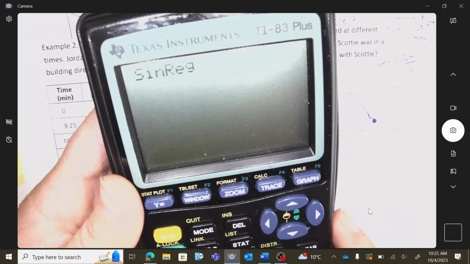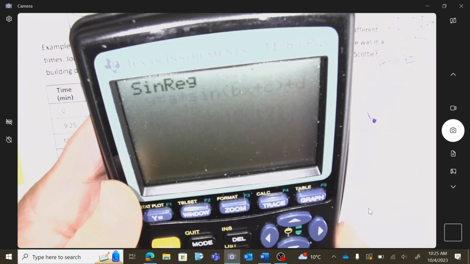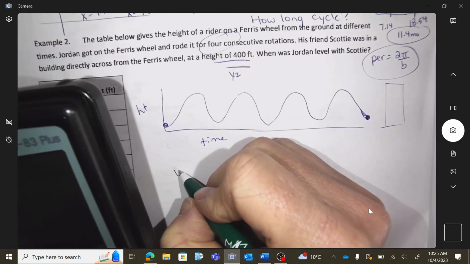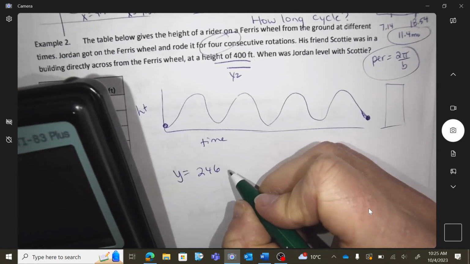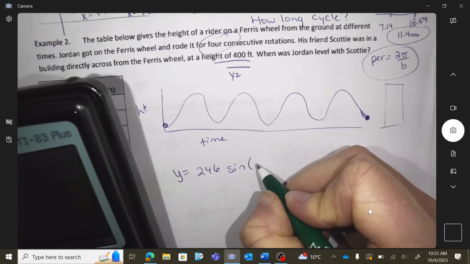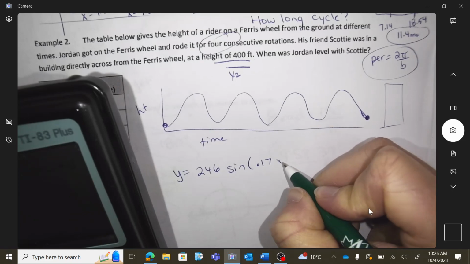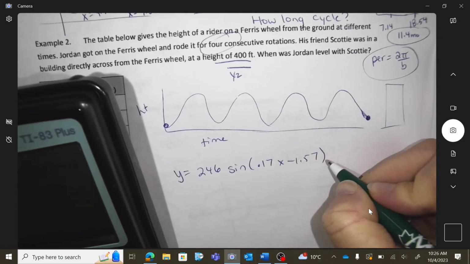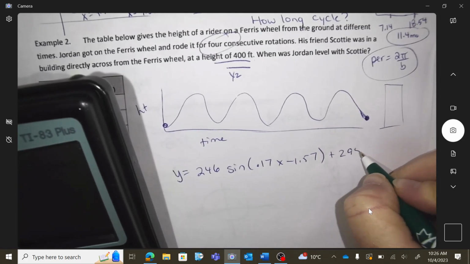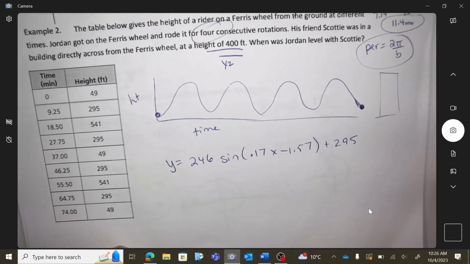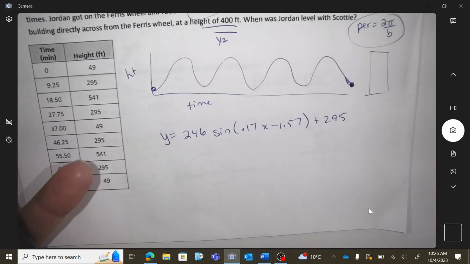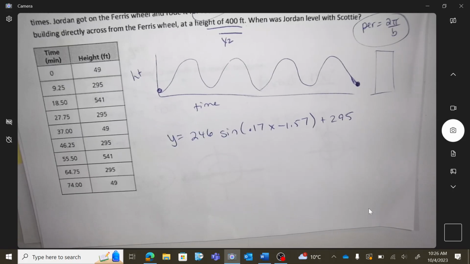Get your equation. You should always write me an equation even if I don't ask for it. And the reason is if you do your work wrong, then I can at least follow what you're doing. Get your equation, copy and paste it. You guys know all these steps.